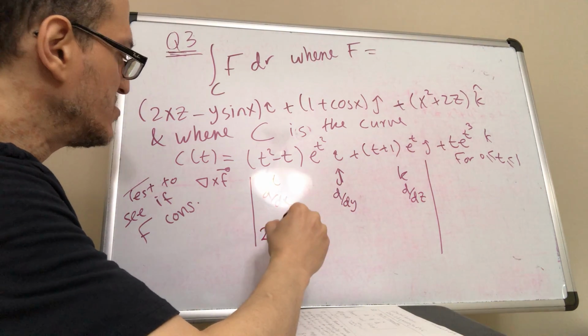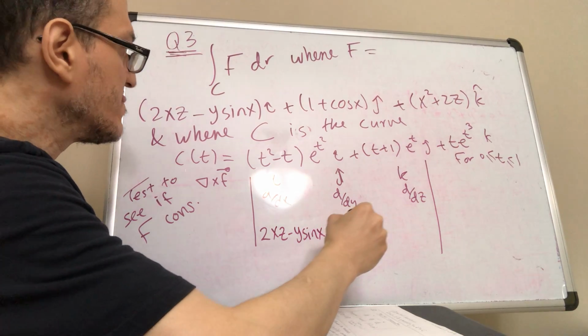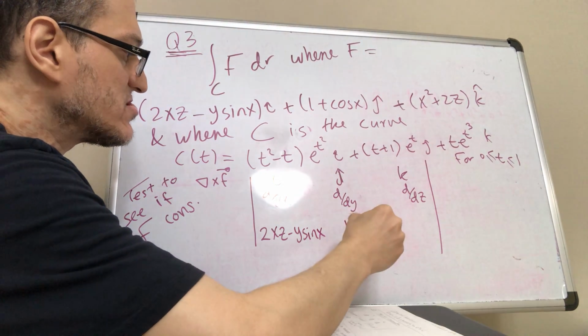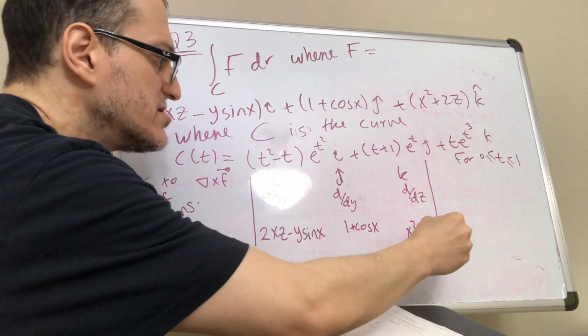And you have 2xz, y sine x, 1 plus cosine x, x squared, 2z.